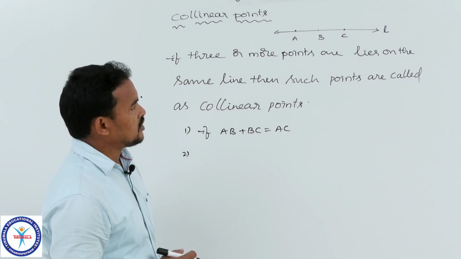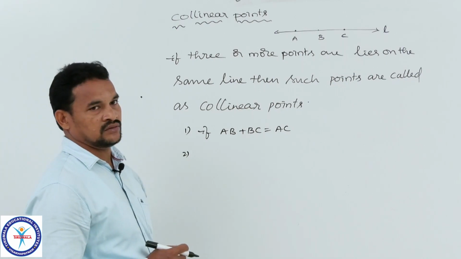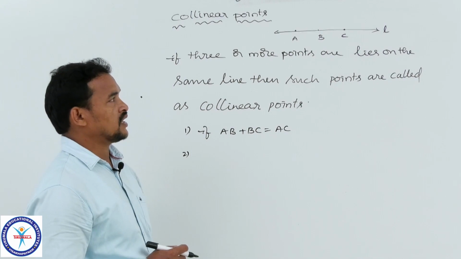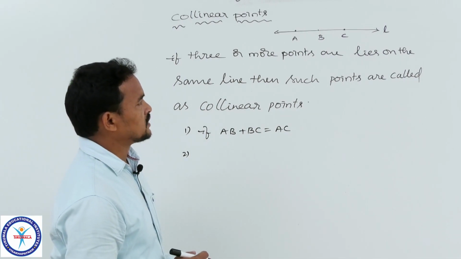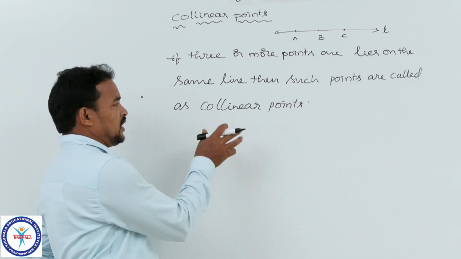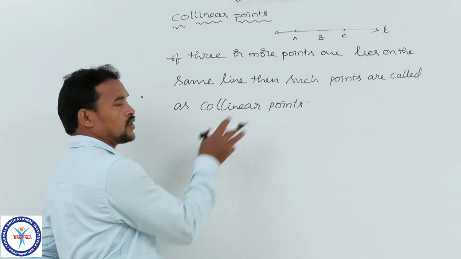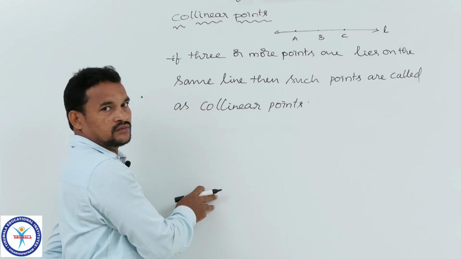Here, when A, B, C lie on the same line, the triangle having the vertices ABC is not possible. If any 3 points are given, then how do we check whether the given points are collinear or not?